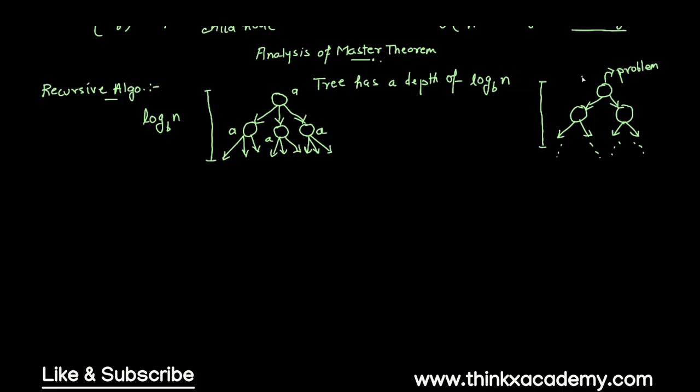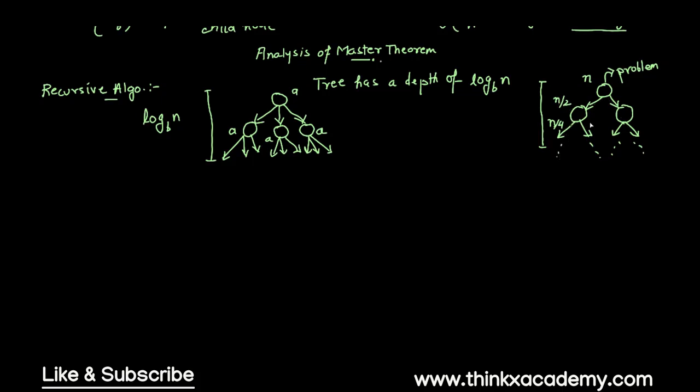So you can see that if there are n inputs initially, now inputs will become n by 2 at this step. In the next step, it will become n by 4. So it is actually dividing the whole problem into two parts after each step.